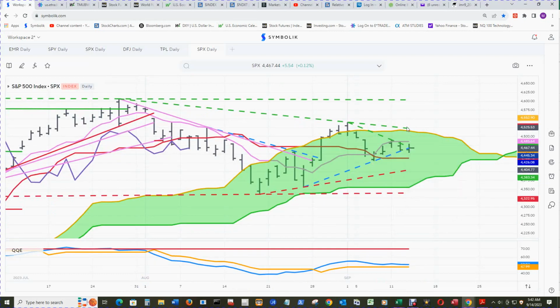So the next ones are this ongoing supply line, which for today is at 4520.43, and this ongoing demand line, which is at 4409.07 for the 14th. So that's the next setup.